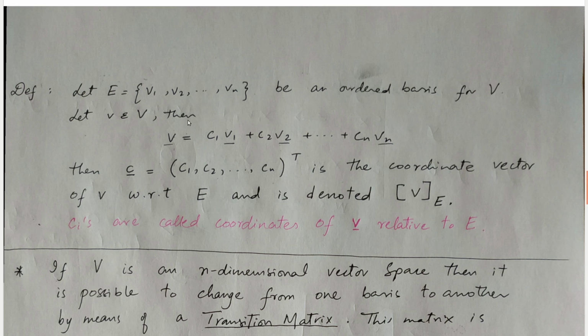And so the idea is, if this is a basis set, then you can express v as c1 v1 plus c2 v2 and so on. Because we're making V an n-dimensional space, you need only n vectors, so v1 to vn will do the job for us.